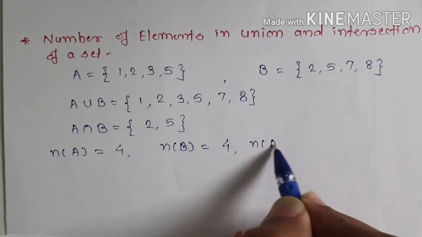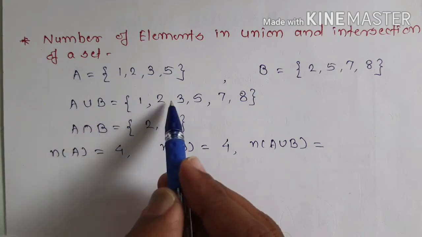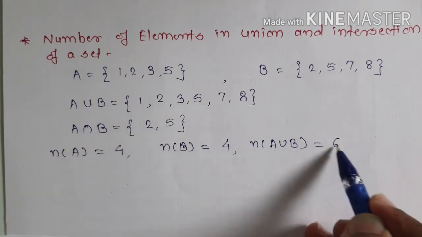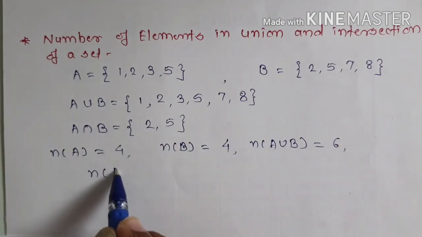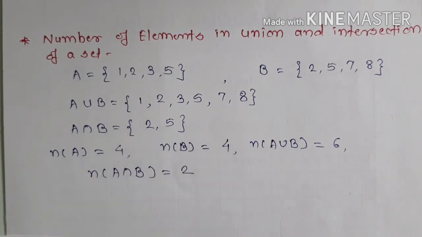Then n(A union B), the number of elements in A union B, is 6. And n(A intersection B) is equal to 2 elements.